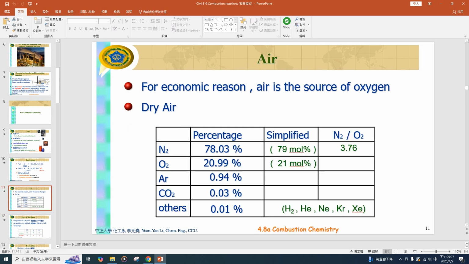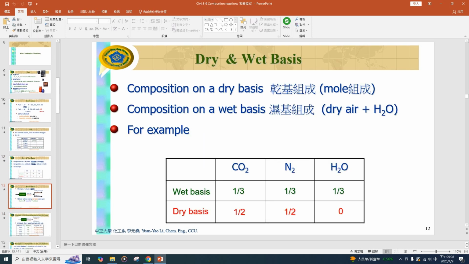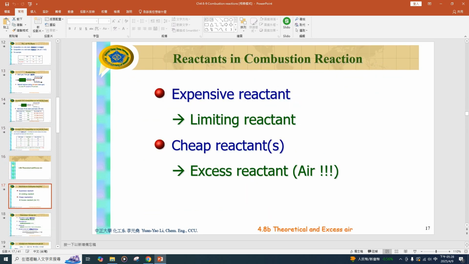Right, okay, so in this chemistry, when you involve oxygen, again I want to tell you, you don't burn pure 100% oxygen. You want to burn what? You want to burn air. Right, because air is cheaper than pure oxygen. Okay? So the expensive reactant is normally the limiting reactant.